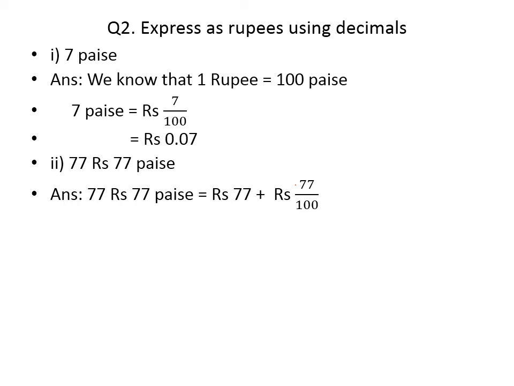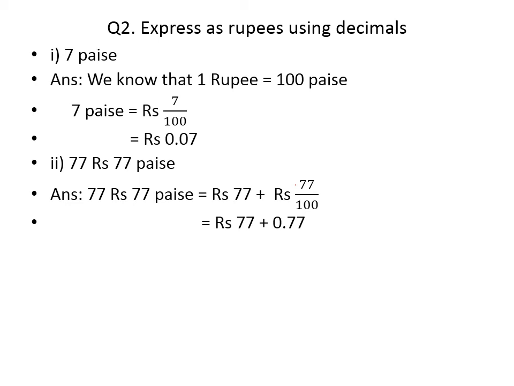0.07. Now in the same way we can convert 77 rupees 77 paise as rupees 77 plus paise. You divide by 100, that paise will be converted into rupees. So this is equal to rupees 77 plus point, again 2 zeros are there, decimal place will come after the 2 digits, that is here.